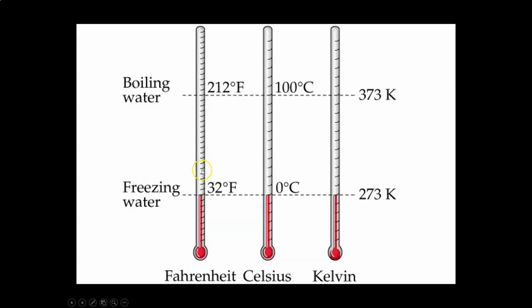So the reason we can easily convert back and forth between Celsius and Kelvin is that all we have to do is shift our numbers. We don't have to use a weird equation with fractions and stuff like we do when we convert with Fahrenheit. Because these are the same size increments, all we have to do is shift our numbers. We just shift our thermometer.